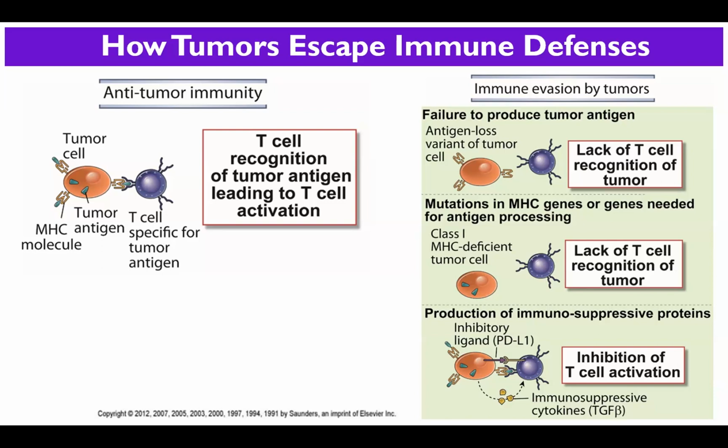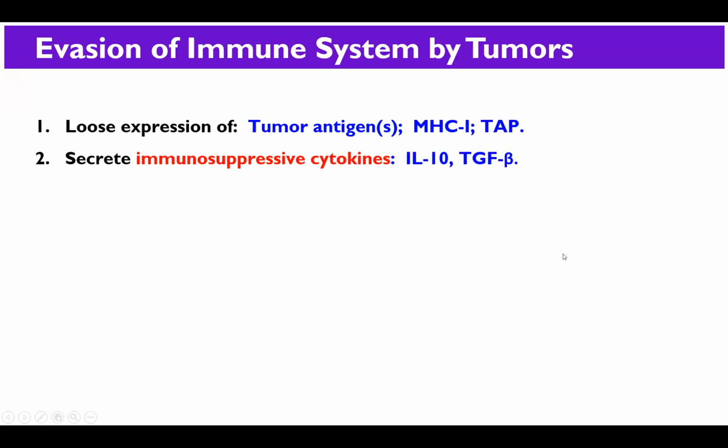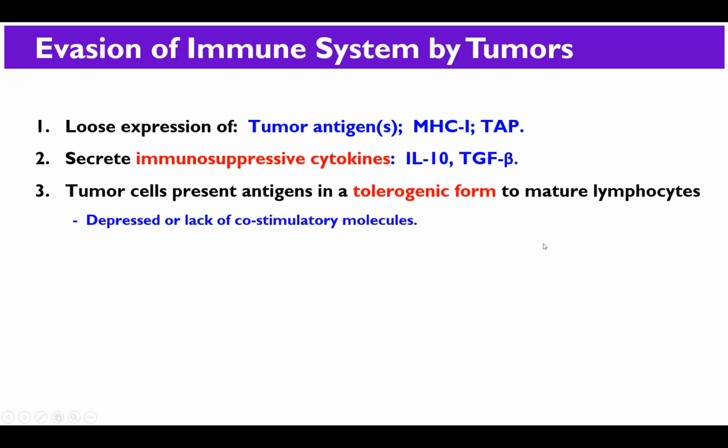So, in a nutshell, all the information I've told you here is summarized here, whereby in evasion of the immune system by tumor cells, you have loss of expression of antigens, okay? And you could also have mutations within the MHC molecules or the machinery that loads the peptides onto the MHC, the TAP, okay? So that can also lead to that scenario. The other one is secretion of immunosuppressive cytokines that I've talked about.